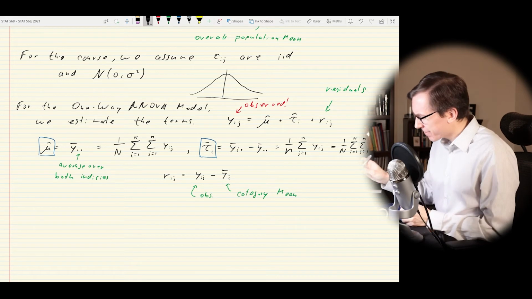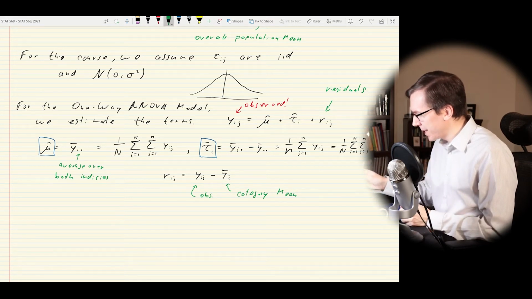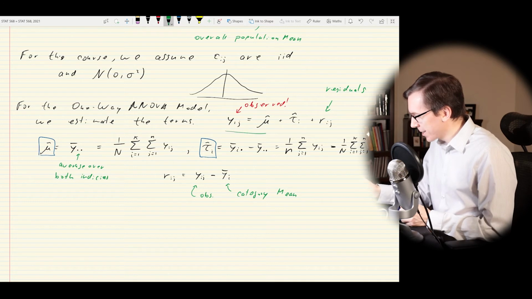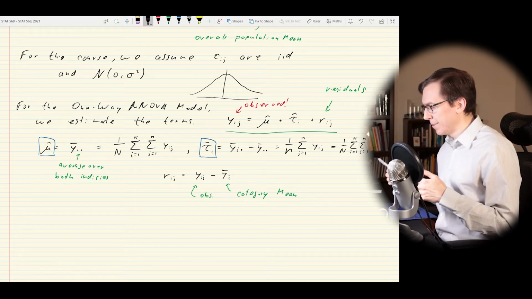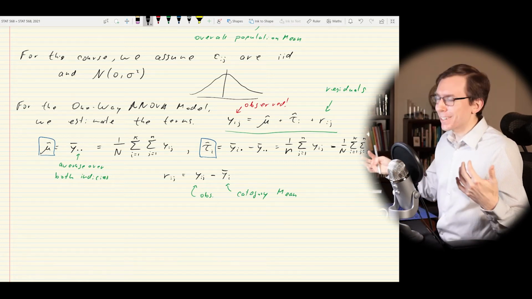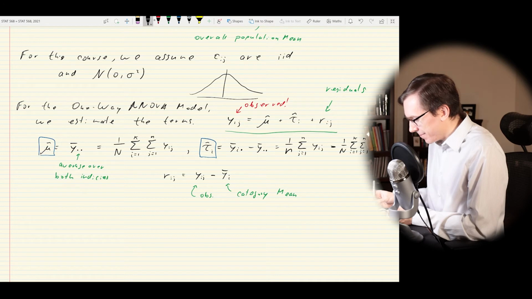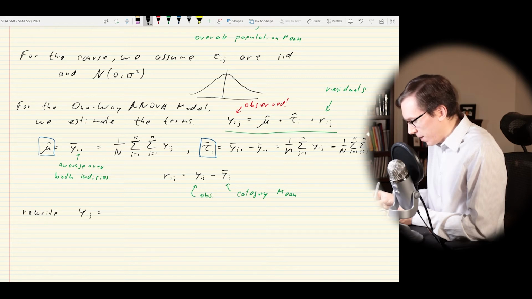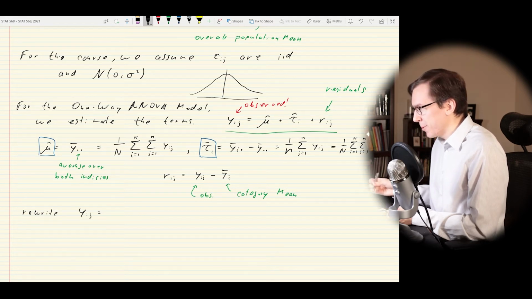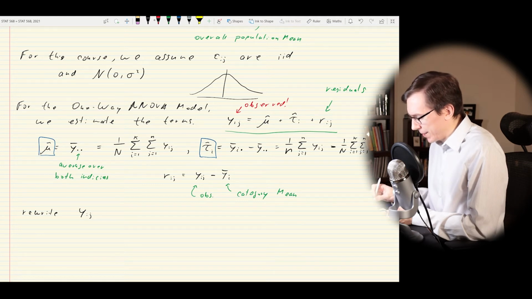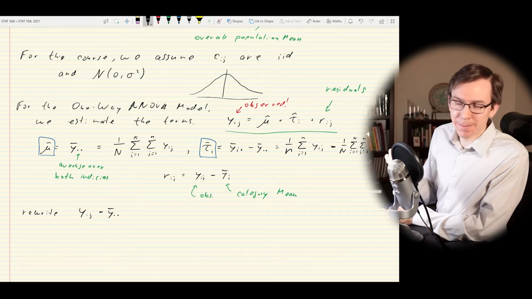Now, what this means is that we can take our model, this equation here underlined in green, and rewrite it in terms of y bars with various dots floating around. What I mean by that is that we can rewrite y_ij in a specific way: we subtract the global mean, or the estimate of the global mean, to be precise.